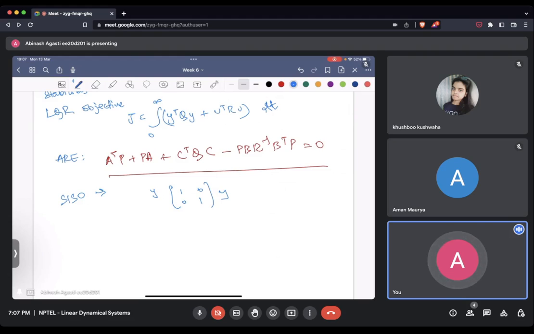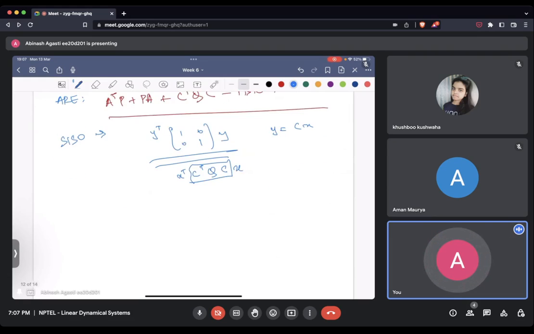Then what does this give me? Y we can write as Cx. So this will be y transpose Qy, which is x transpose C transpose QCx.